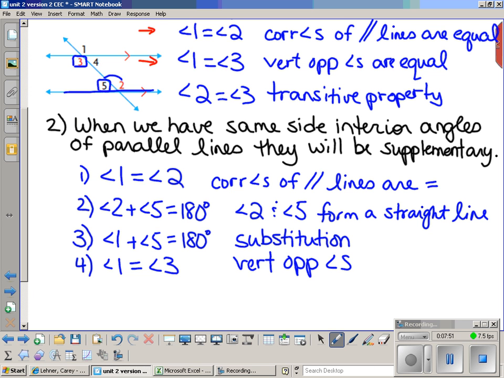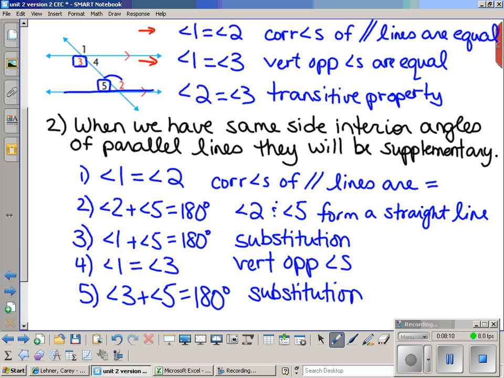And if 1 is equal to 3, and in step 3 we said angle 1 plus angle 5 is 180, we can now use substitution again to say angle 3 plus angle 5 equals 180 degrees. And therefore we have shown that same side interior angles are equal. We have proved it, and it would be true in all cases.